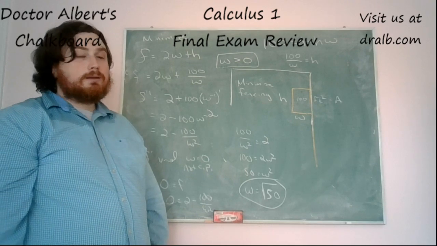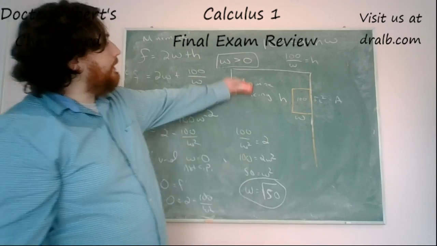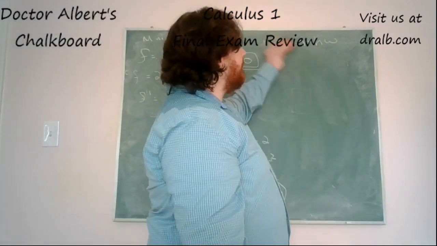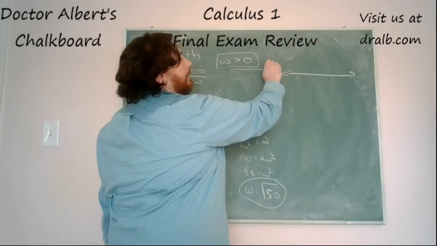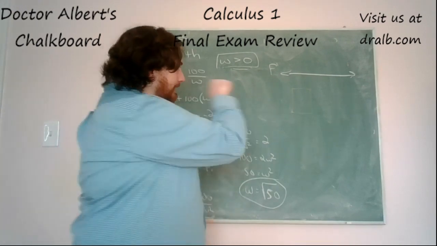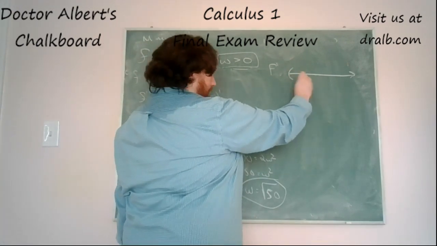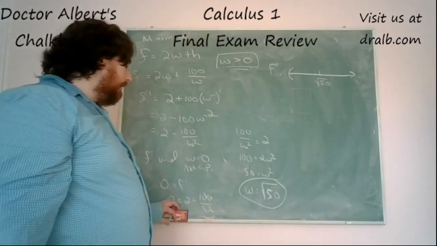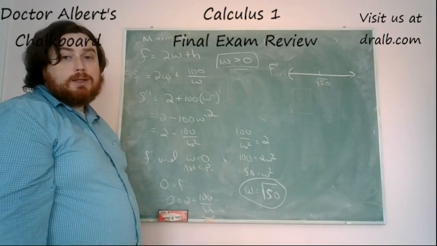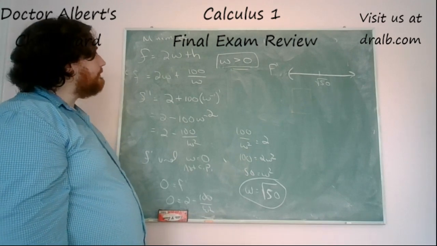How would we do that? Well, what we did when we were dealing with extrema was we made a number line for the derivative. So I'm going to do that here. I'm going to find the derivative of fencing. The domain starts at 0. I'm going to have the square root of 50 here. And then I have to determine on each side, is my derivative positive or negative.